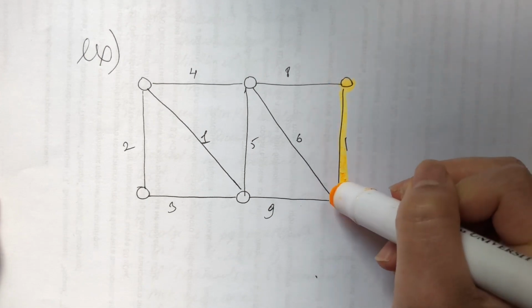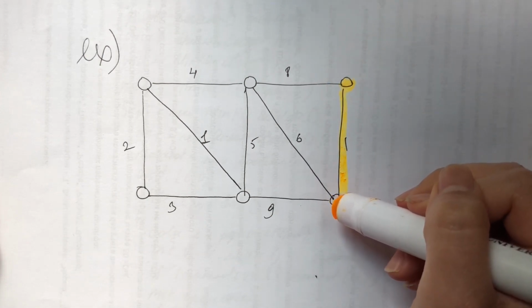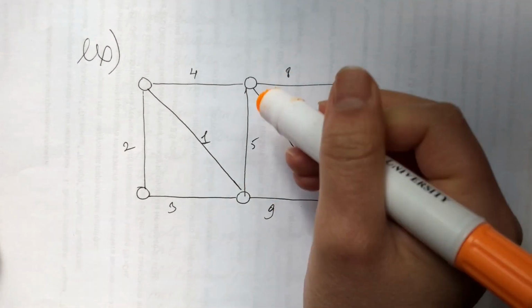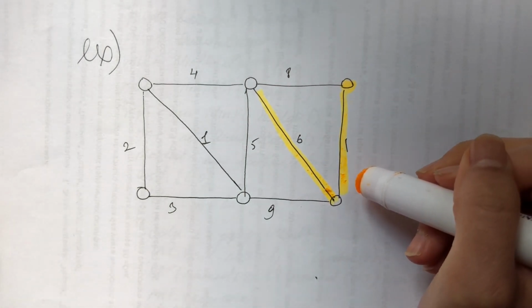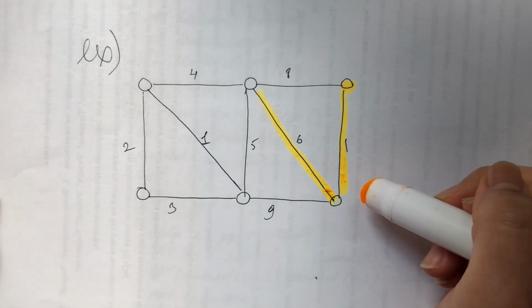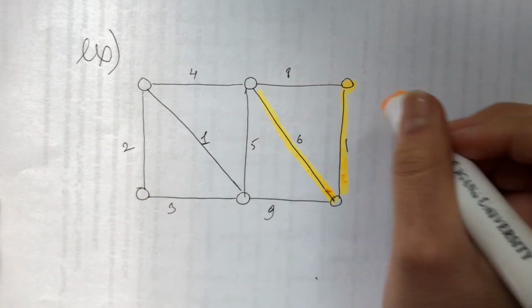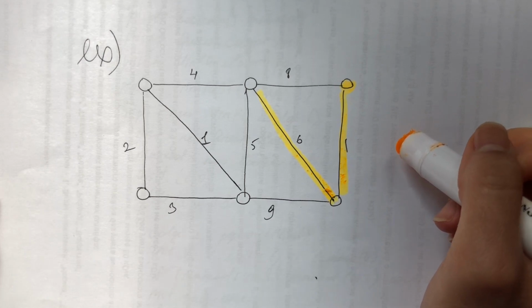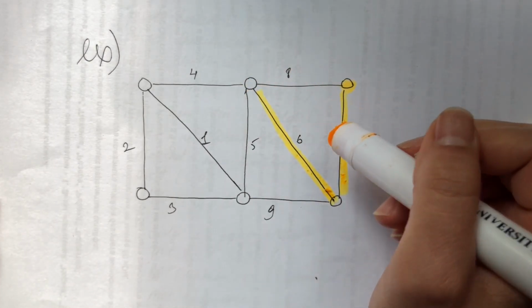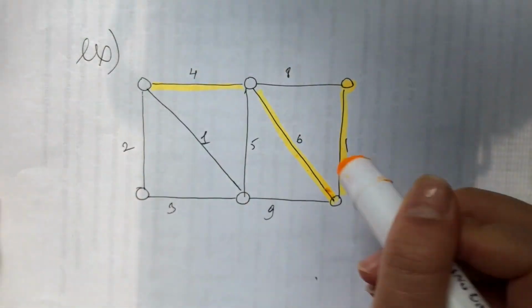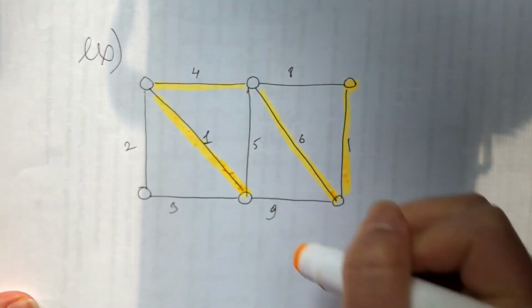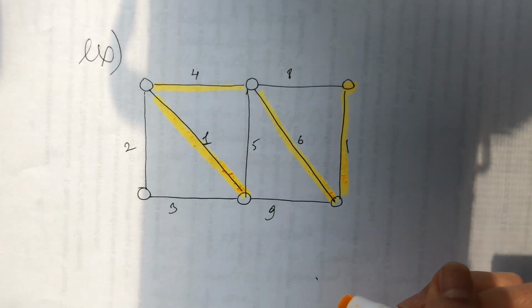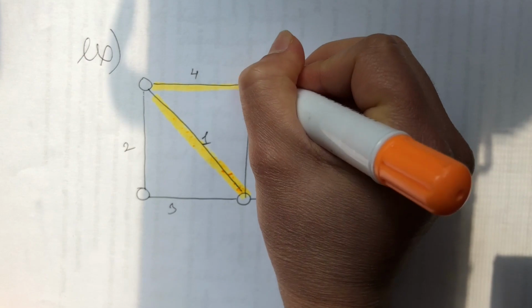Okay, now we're here, and we have two choices, 6 or 9. We will go there by 6 because it's less. Then we have 5, 4 and 8. We will go to the 4. And then we have a choice of 1 and 2. We go by 1, and the last one, now we have a single vertex left.